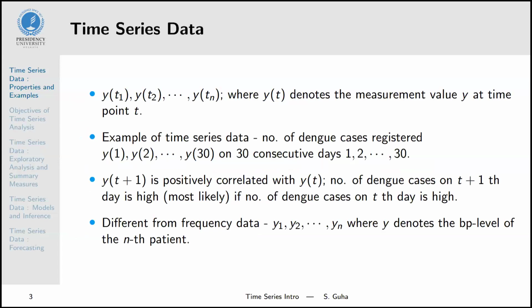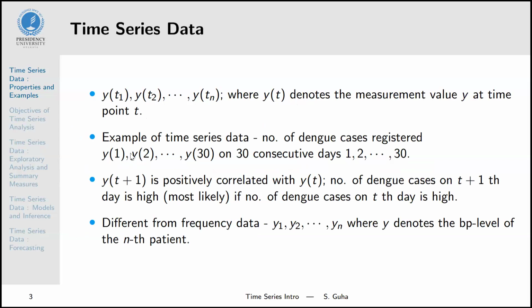Okay, so let us start with time series data. What is time series data? Typically, a time series data is denoted in this form, y t1, y t2, y tn, where yt denotes the measurement value y at time point t. A very simple example of one such time series is the number of dengue cases registered in some state for 30 consecutive days, 1 up to 30.